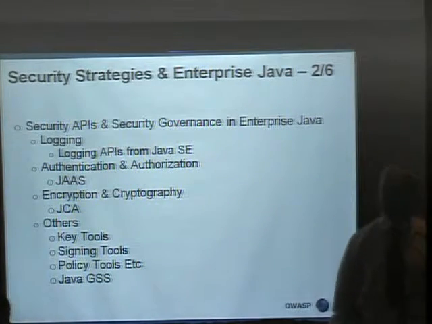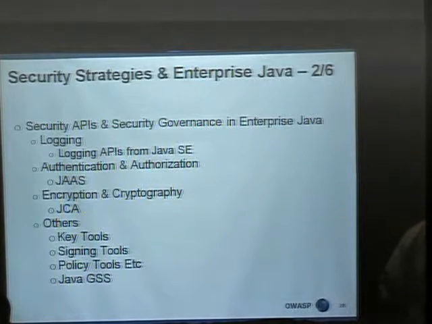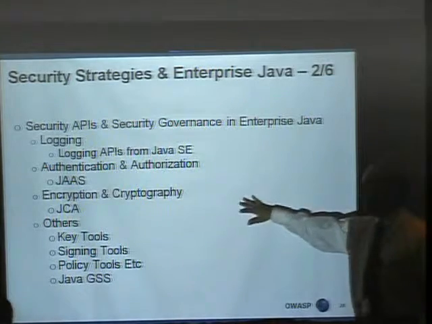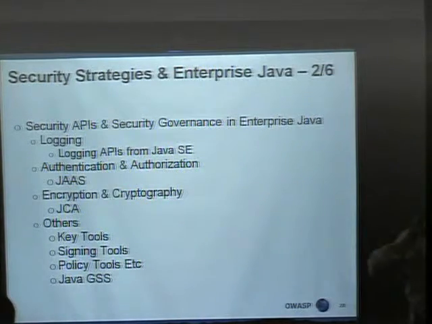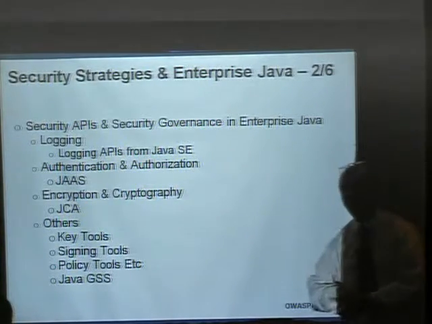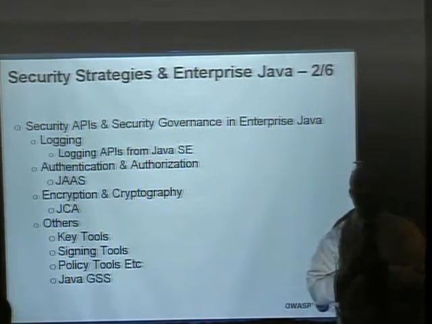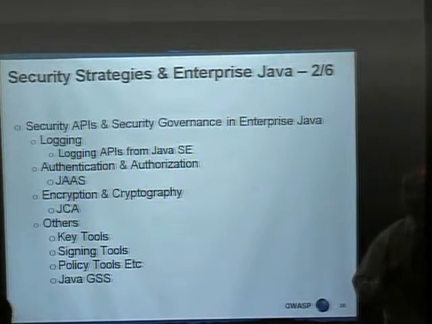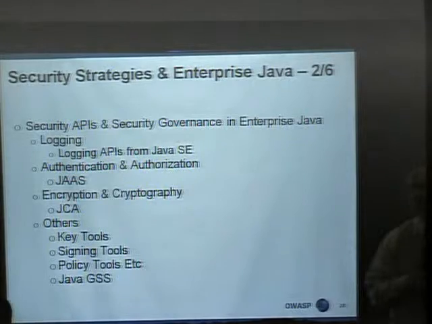And encryption and cryptography is not new. However, nowadays, according to the requirement of the industry, encryption and cryptography has been grouped under a single umbrella called JCA, that is Java Cryptography Architecture, which comprises JCE, which is Java Cryptography Extensions, and Java GSS, which is Generic Security Services.